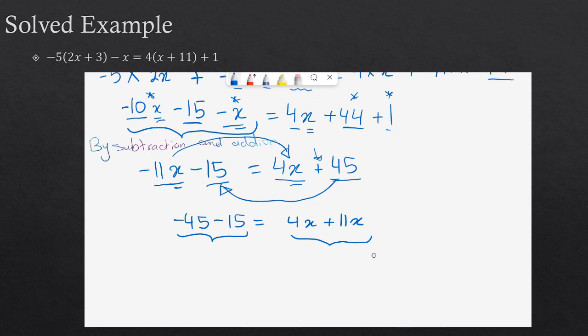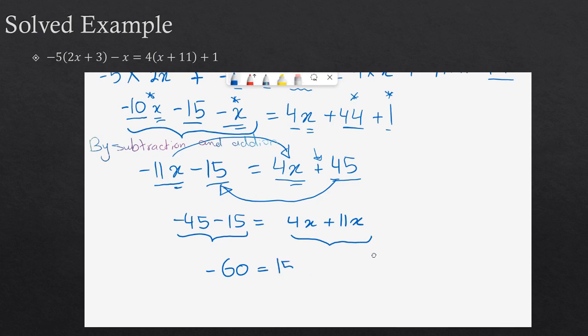Okay, now let's do the combining part. So minus 45 minus 15 is minus 60, and here we have 4x plus 11x. We just take x as a common factor and add 4 to 11, which is nothing but 15.